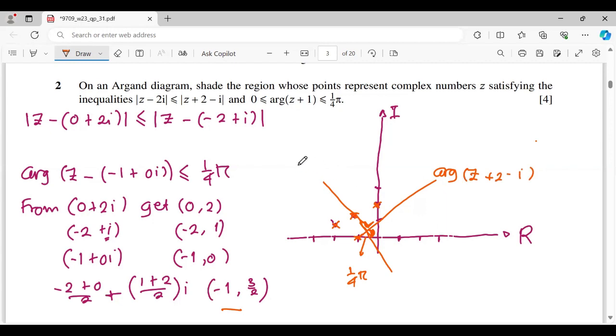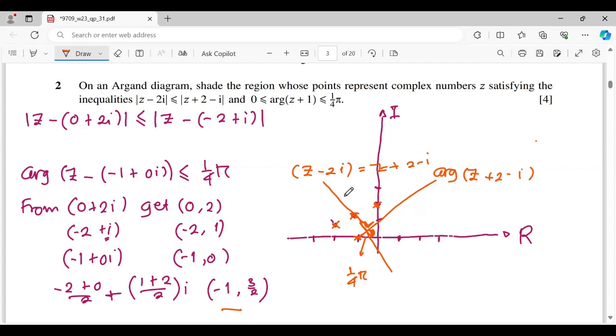This is the straight line of modulus z minus 2i equals modulus z plus 2 minus i.